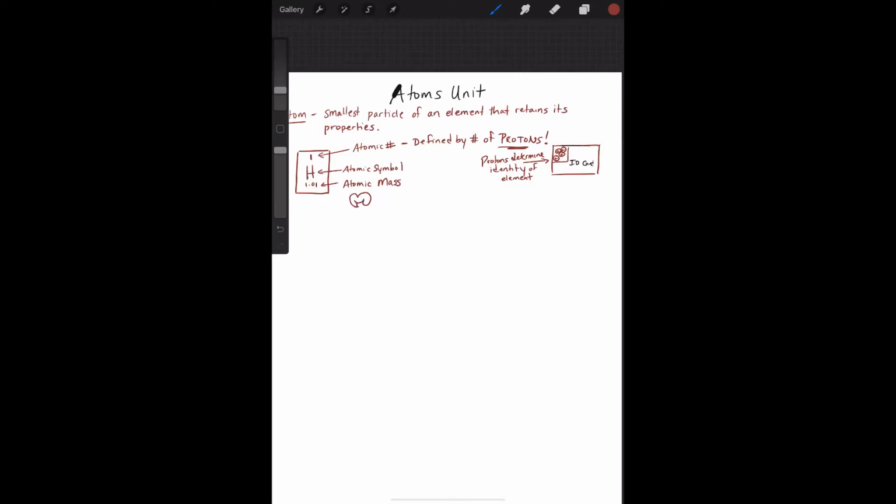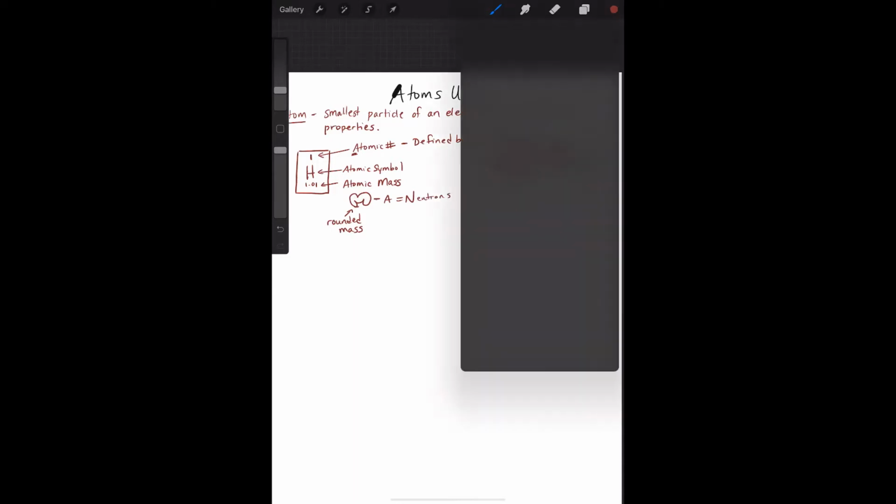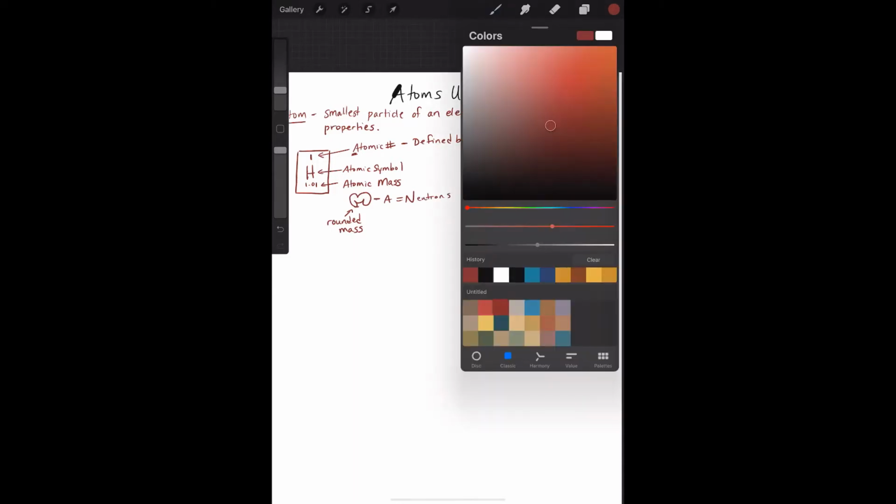So I'm going to write M minus A equals N, where M is the rounded mass. It's just a little visual to help us remember that we round the mass when using APE MAN. So mass minus atomic number equals neutrons.